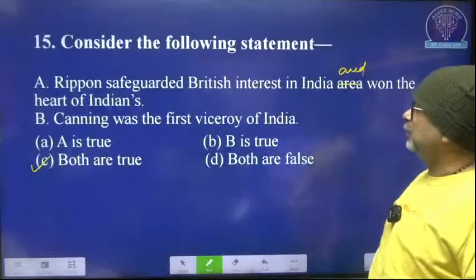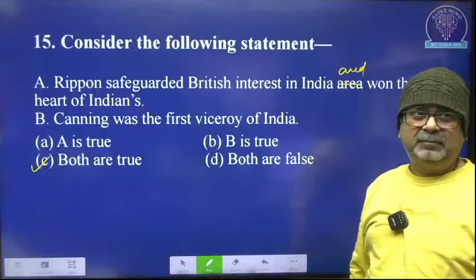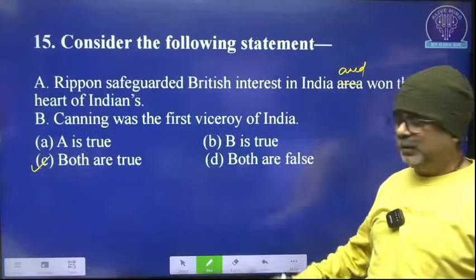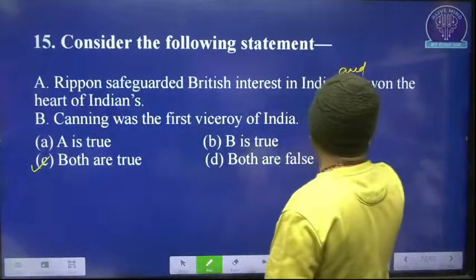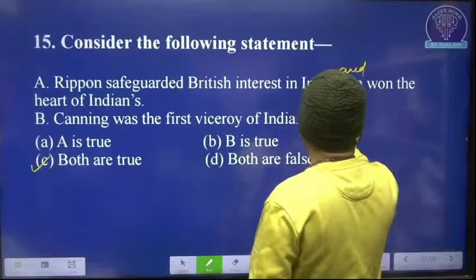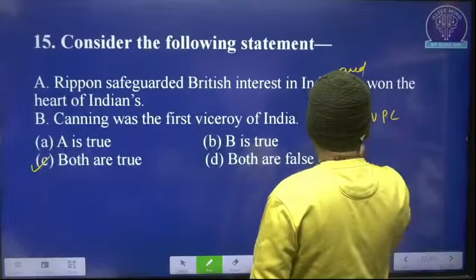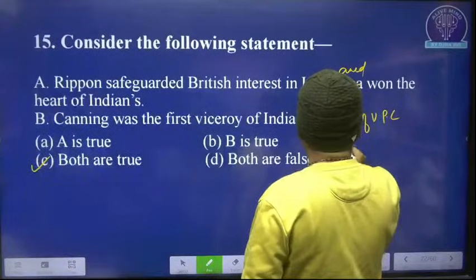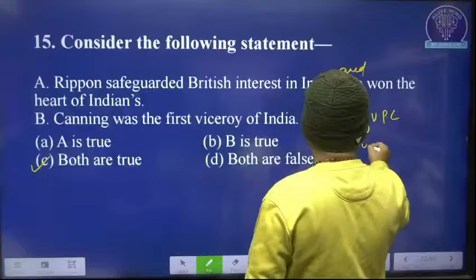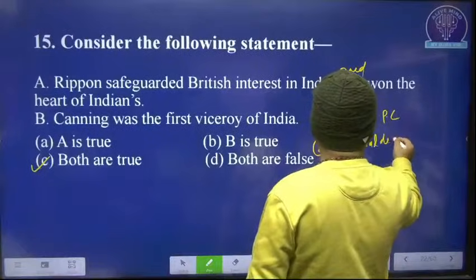But then the task of Ripon and the task of Canning, both should be noted down here. The task of Ripon I am giving you here. Ripon. Repeal of Vernacular Press Act. Financial decentralization.